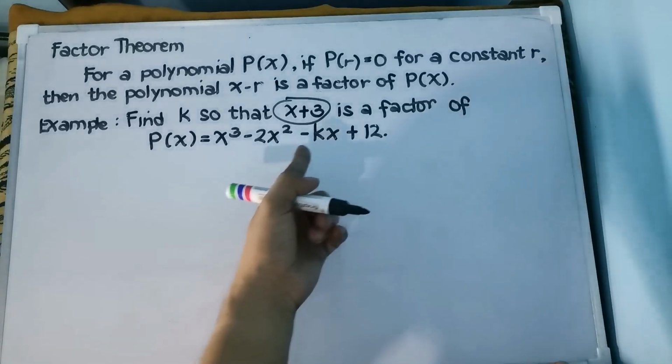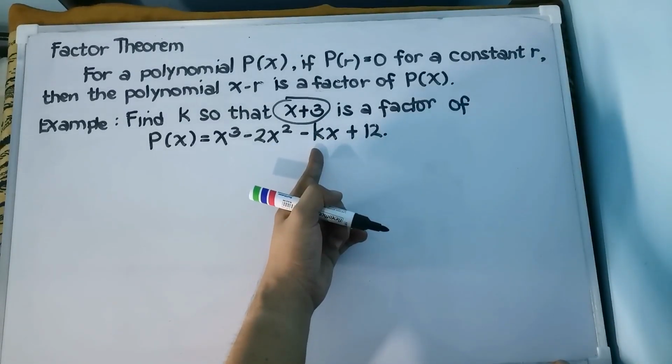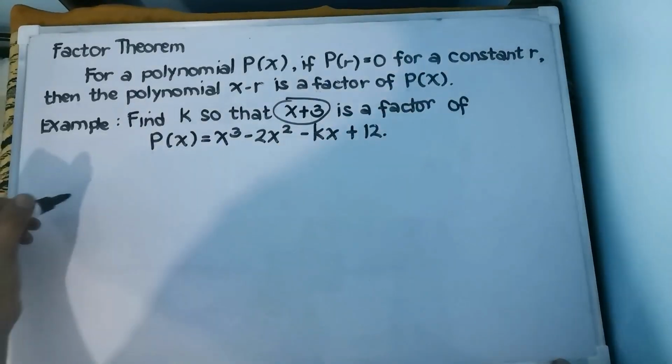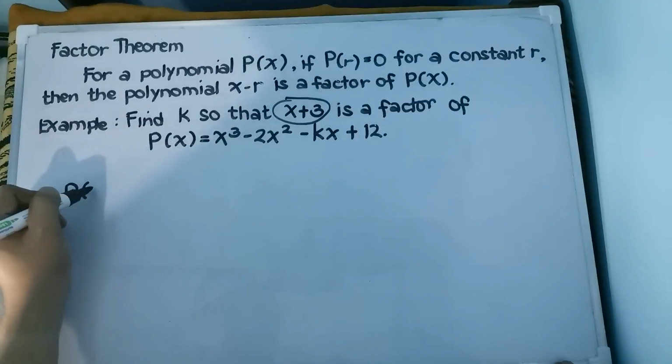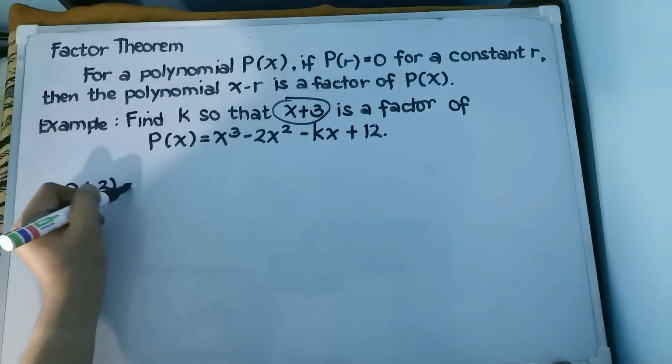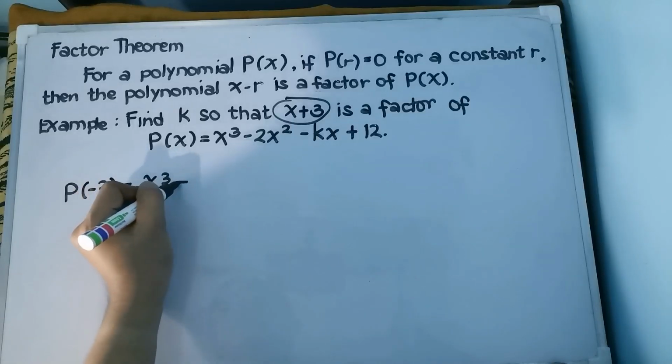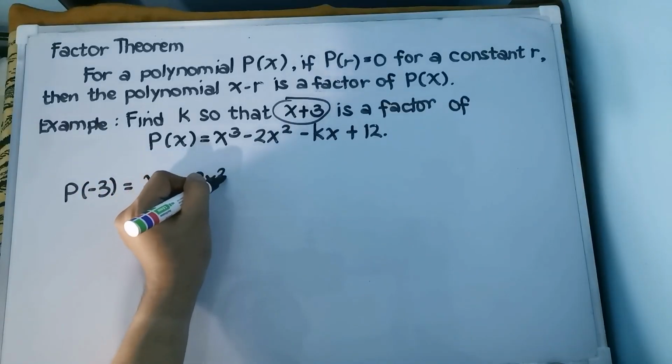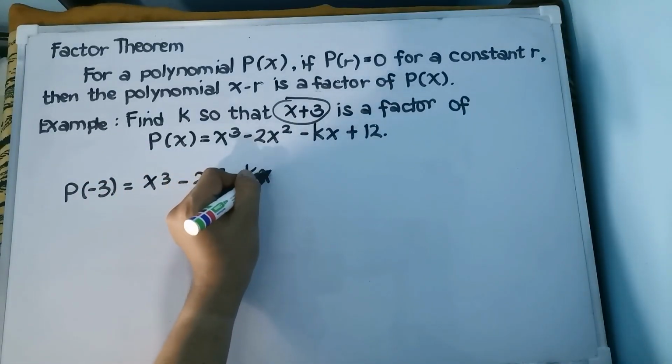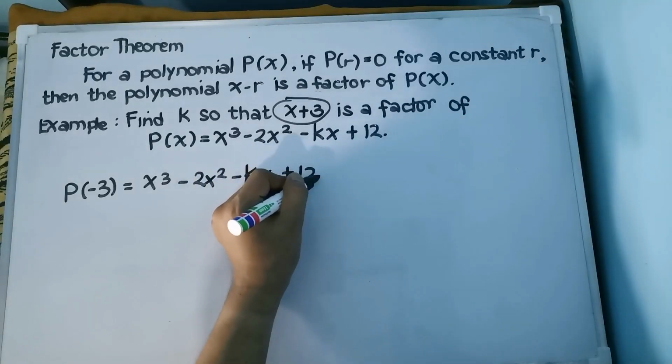But since one of the constants is missing, we just substitute p of negative 3 equals x cubed minus 2x squared minus kx plus 12.